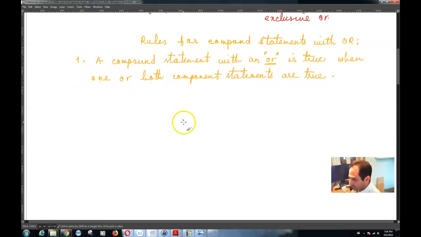Meaning that if you're using an exclusive OR, this is what it means. This is a little bit confusing about this OR.